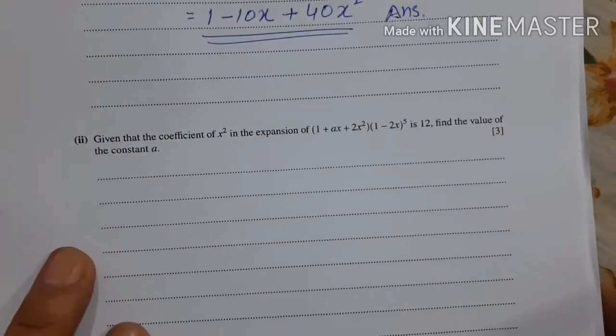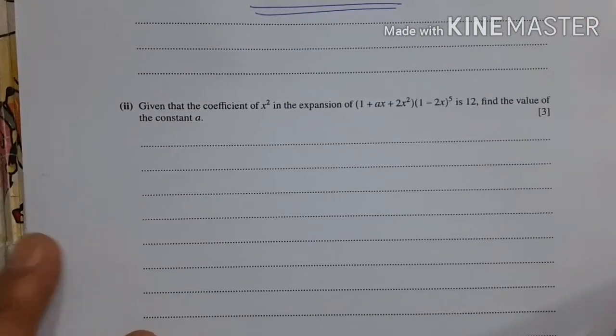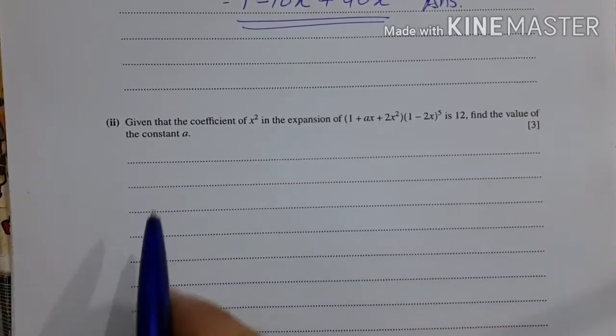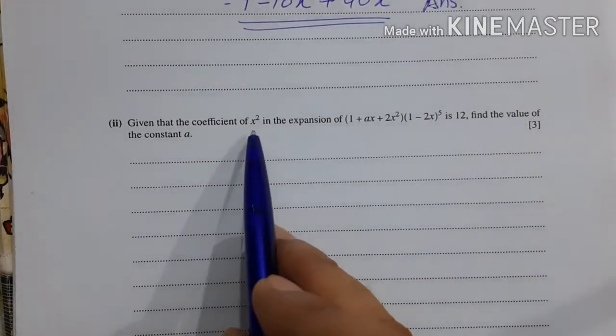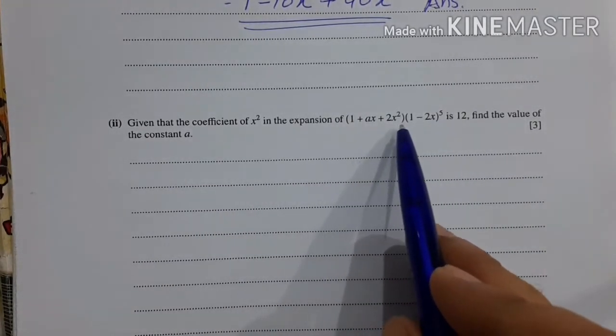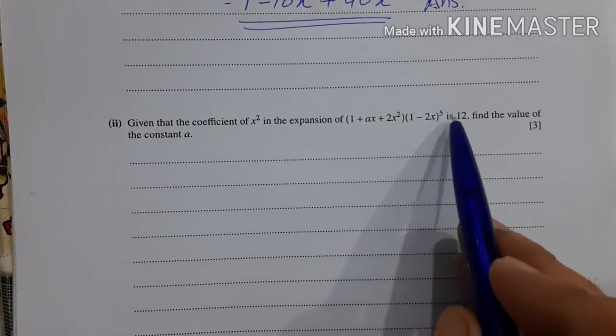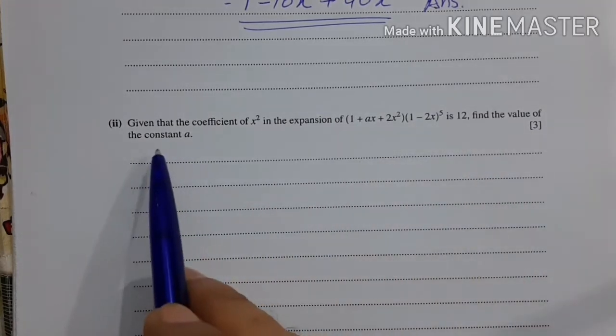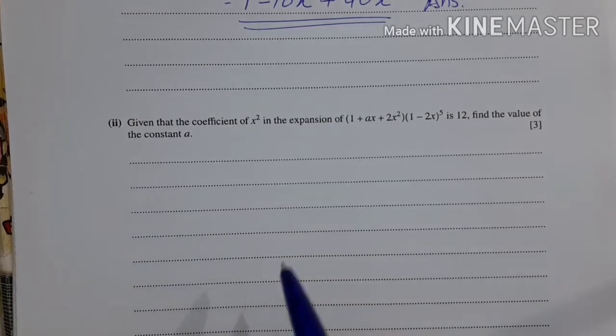Okay. Now question part 2. Given that the coefficient of x square in the expansion of (1 plus ax plus 2x square) into (1 minus 2x) raised to power 5 is 12, find the value of the constant a.